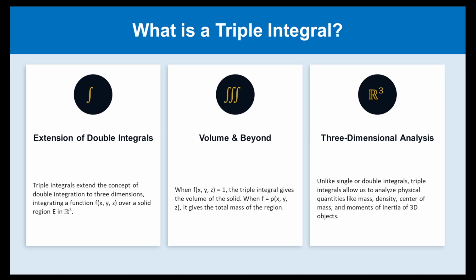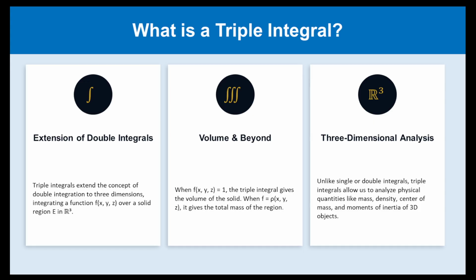But if we use a density function represented by rho, written as rho(x, y, z), then the triple integral gives the total mass of the object.